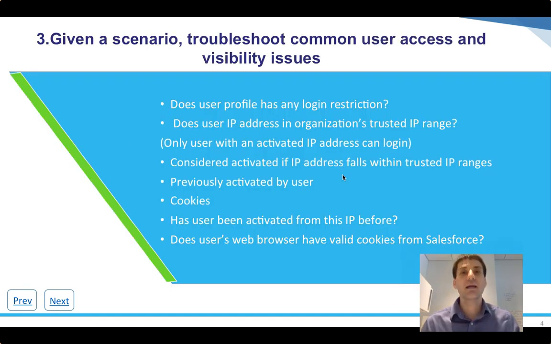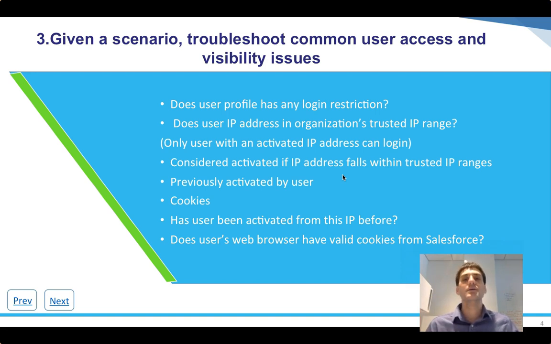So let's look at a second element of the user setup, which is troubleshooting common access and visibility issues. These are some questions to consider as you're troubleshooting visibility and access issues. Number 1, does this profile have any login restrictions? Number 2, is the user's IP address in the organization's trusted range?